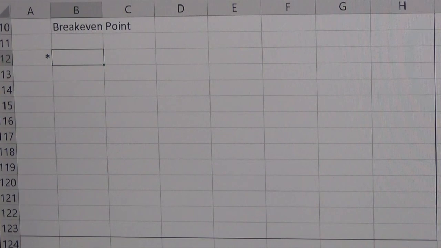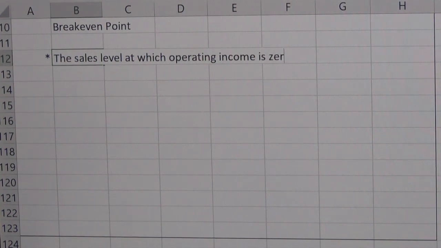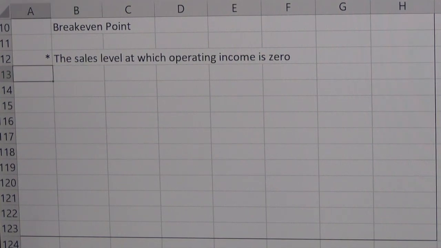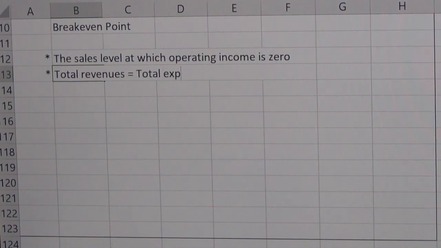Okay, so the way the textbook describes it is the sales level at which operating income is 0. Well, break even, that means revenues equal expenses. That means your net income is going to be 0. Break even means 0, or total revenues equal total expenses.